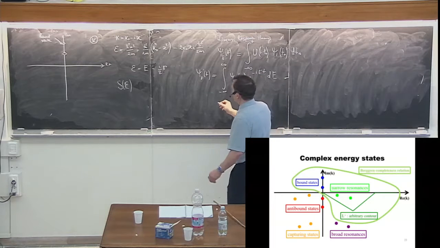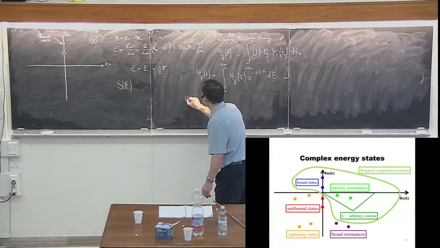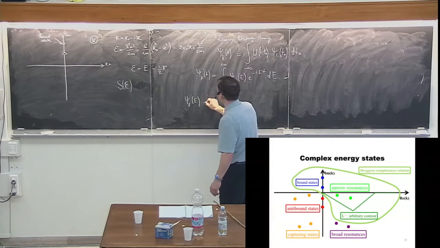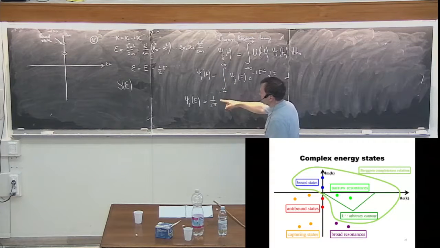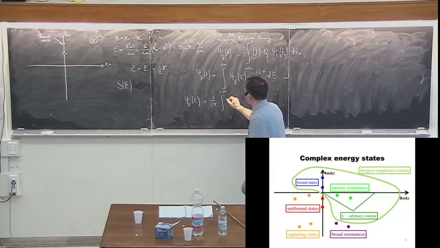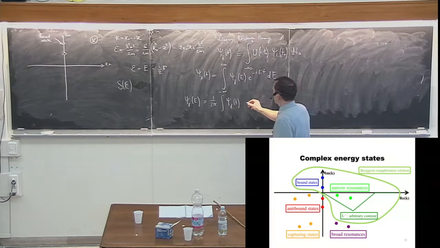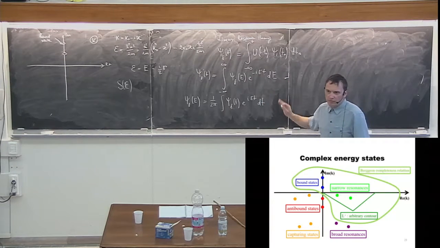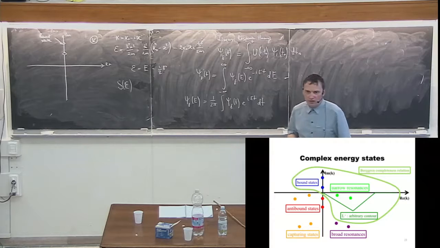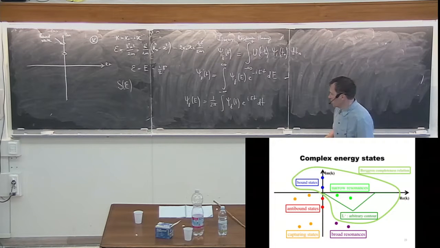So then, of course, I have an inverse: psi final of E is 1 over 2 pi, if I define it without anything here, then the inverse has 2 pi. Then I have psi final of t, and then e to the plus i E t dt. And I'm using units where h bar is 1 in this particular case, just to not write too many things.